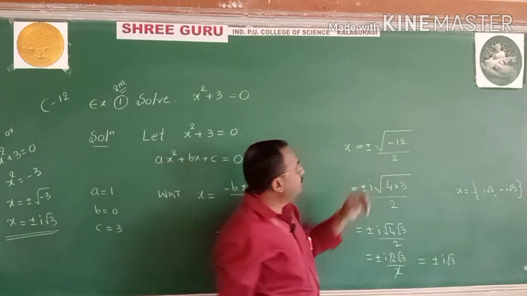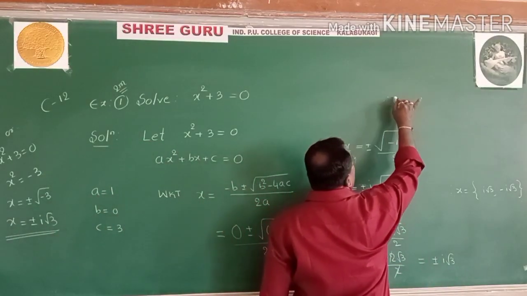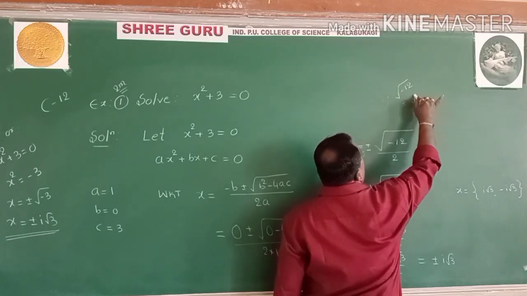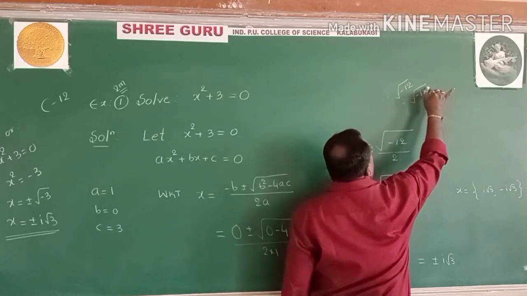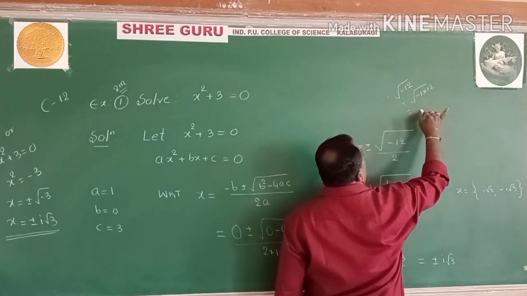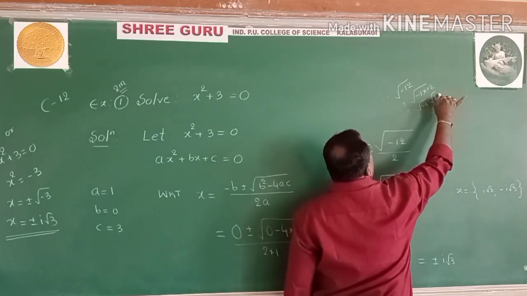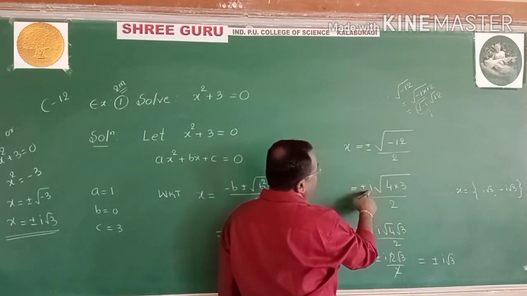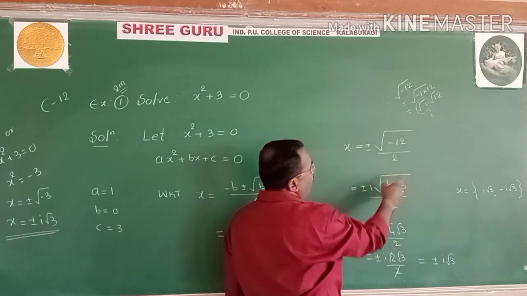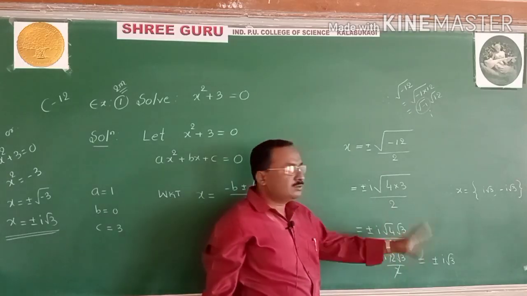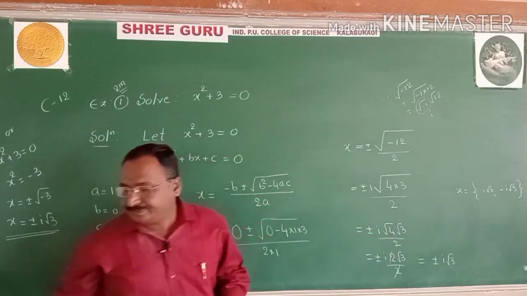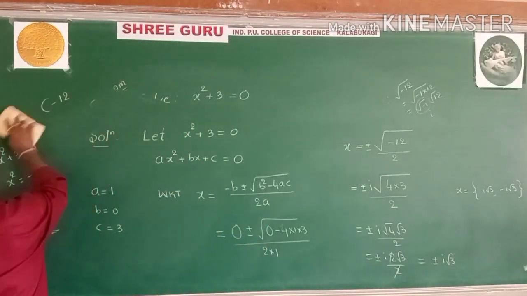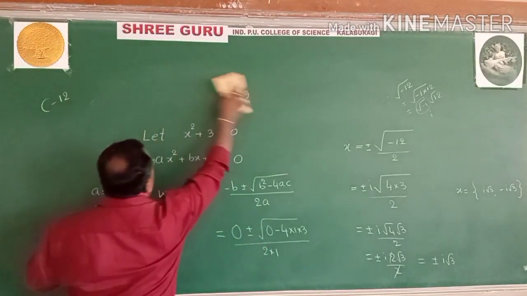Root of minus 12 is there. This can be expressed as root of minus 1 into root of 12, separate. Root of minus 1 is i. 4 into 3, root 4 is 2, 2 gets cancelled. Next example number 2.